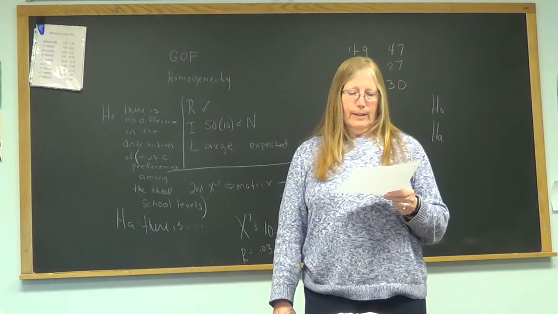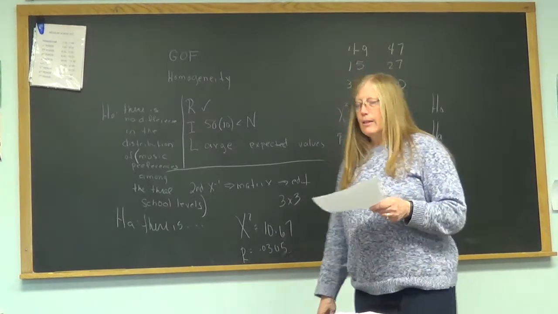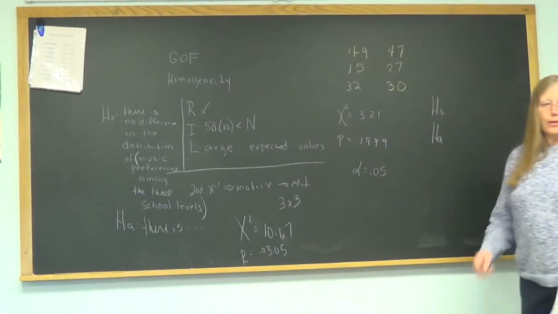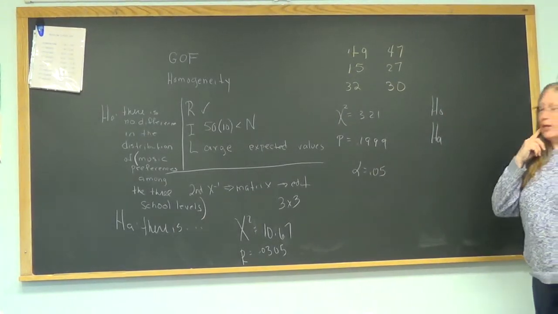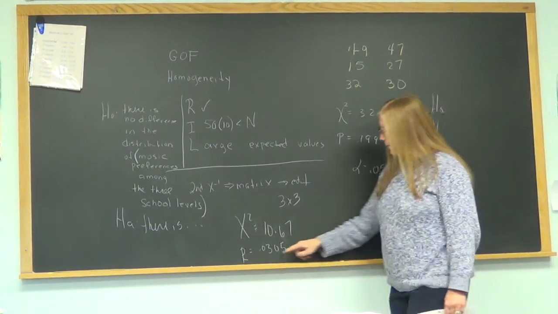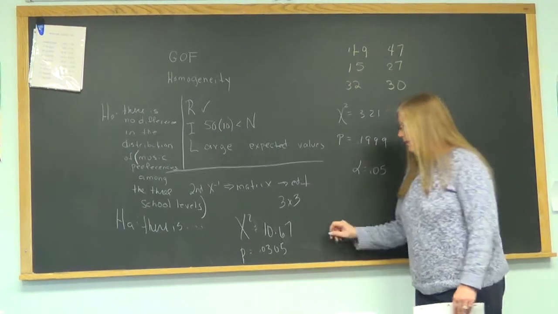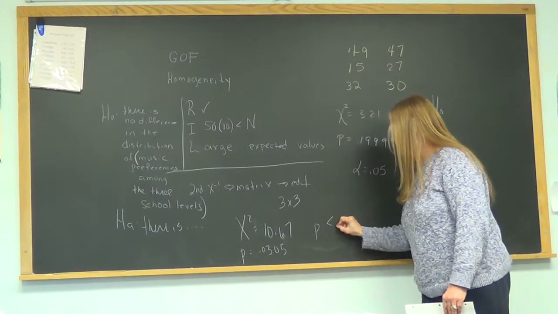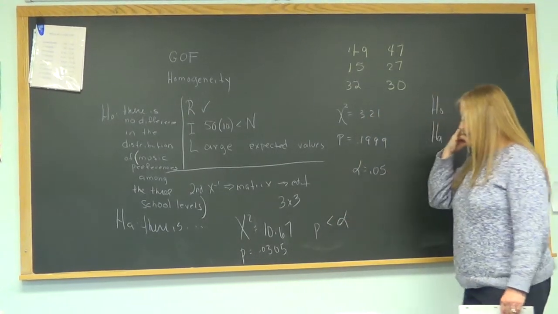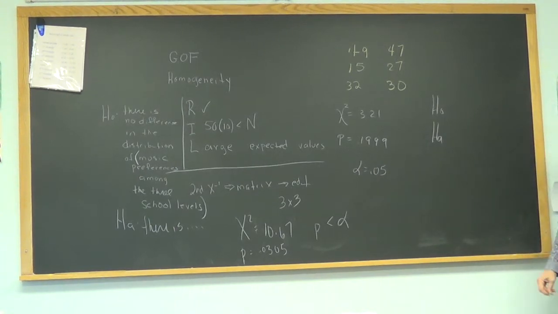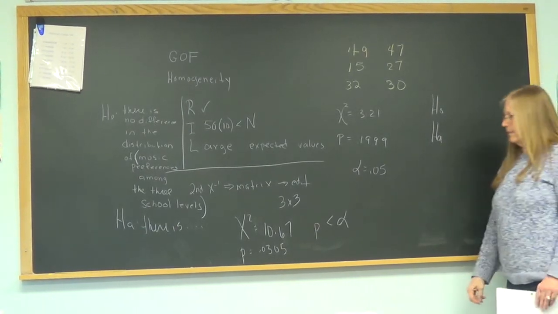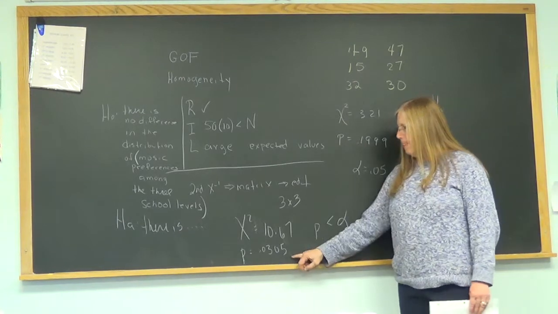Okay, there you go. Alright, so I need someone to make a conclusion for us. Morgan, here is our p-value. So that's less than alpha. Alright, so p ended up to be less than alpha, and what happens when that occurs? We are going to reject H sub O. Wait, we're not going to the table? No, that's what this is.